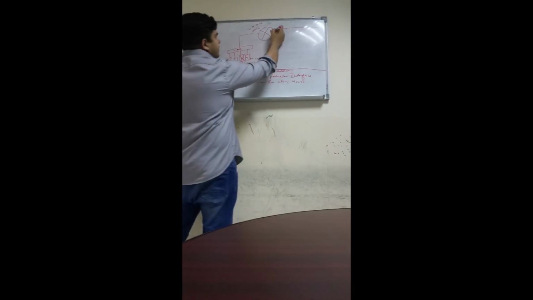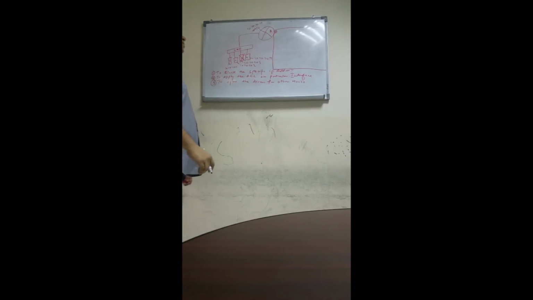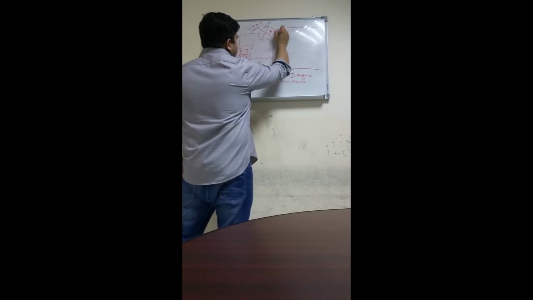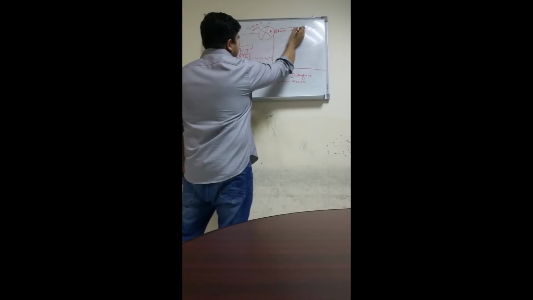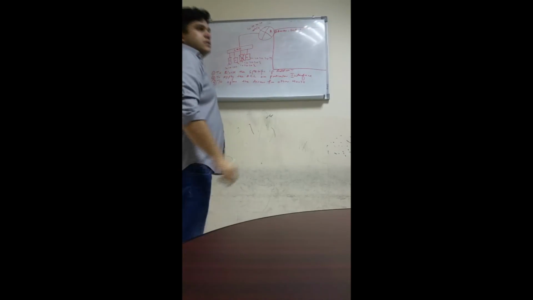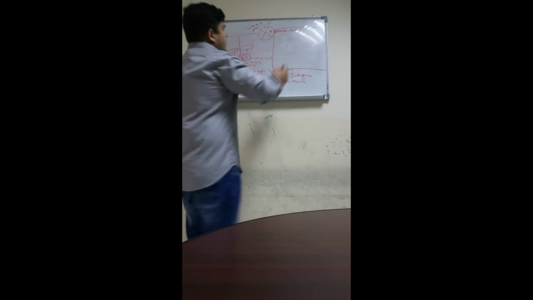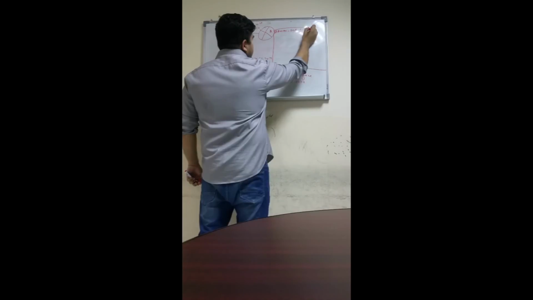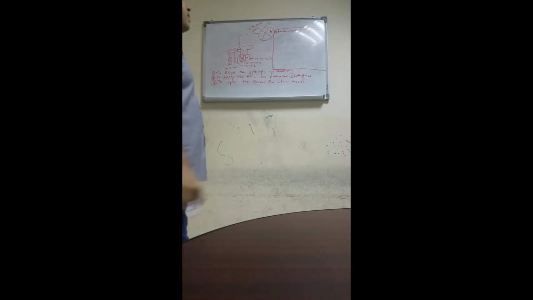Whenever we are going to apply an access list, from the config mode, the first command is access-list 1, this is the access list number, and then deny 10.10.10.3.